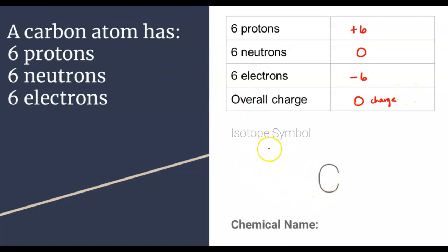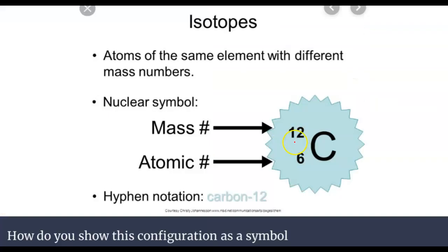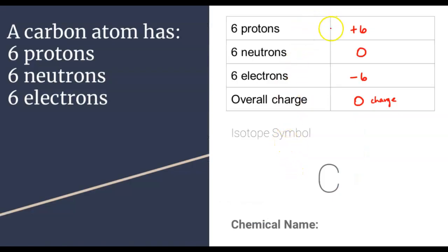With our isotope symbol, remember we were saying from the slide above, the mass goes in the top left-hand corner, and the atomic number, or the number of protons, goes on the bottom left-hand corner. So carbon has 6 protons. I place the 6 on the bottom left-hand corner. And then I want to do the atomic mass. So the atomic mass, remember, is my protons plus my neutrons, and 6 AMU from the protons plus 6 AMU of the neutrons equals 12 AMU.